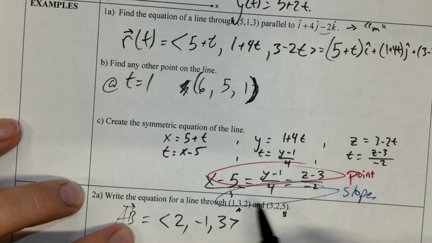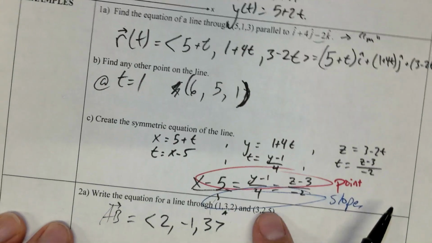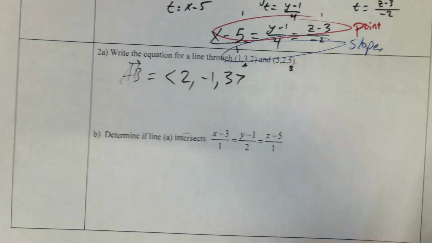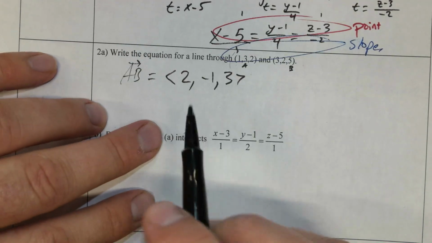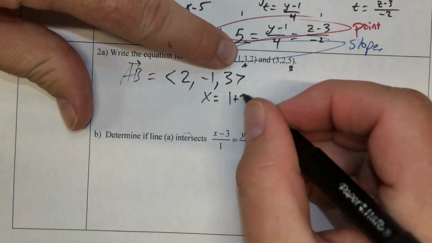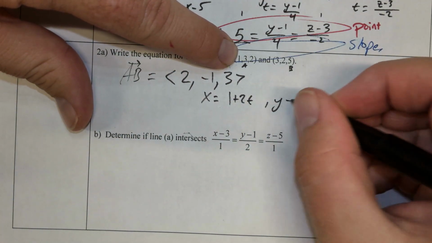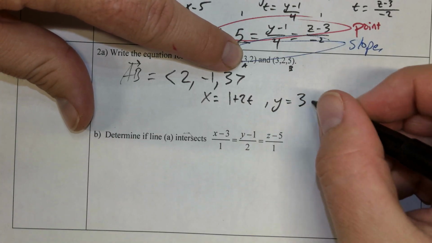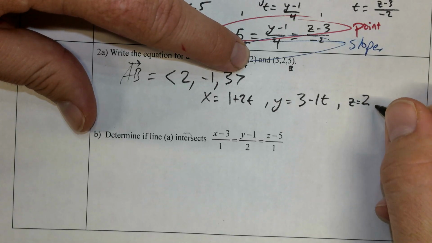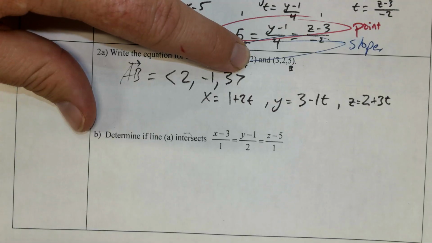Well, I could take a point, I could take a slope, and it'll work. And I could take this point and this slope and still put them together to make that parametrically defined function of a line. Let's put that together real quick. In this case, I would go x is 1 plus 2t, y is 3 minus 1t, and z is 2 plus 3t.